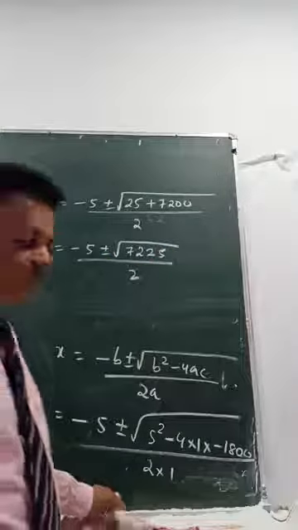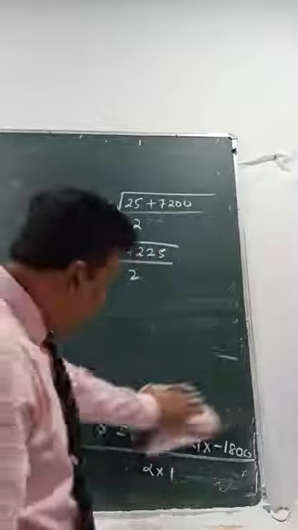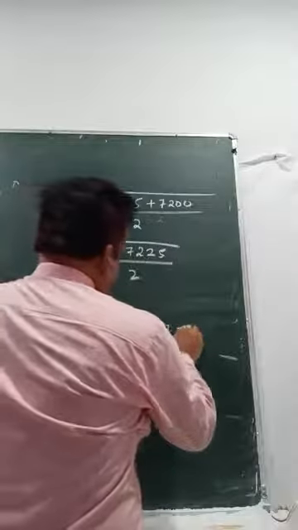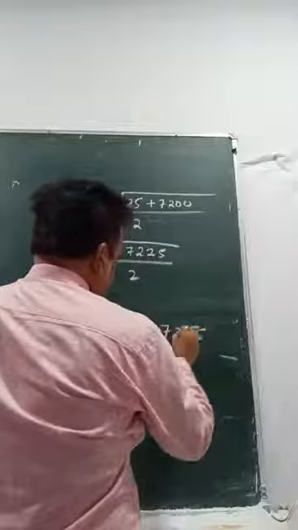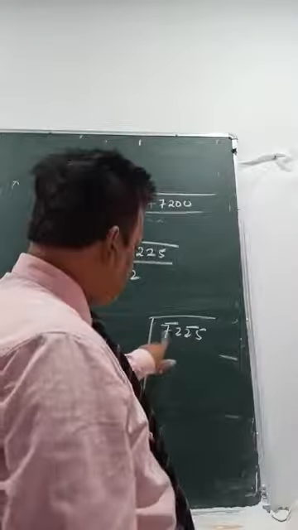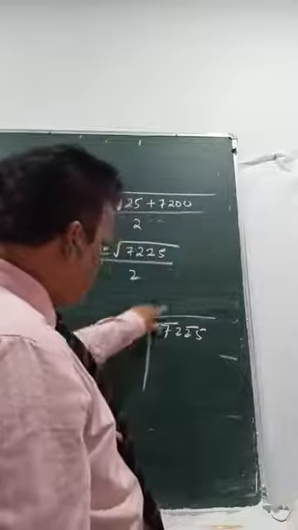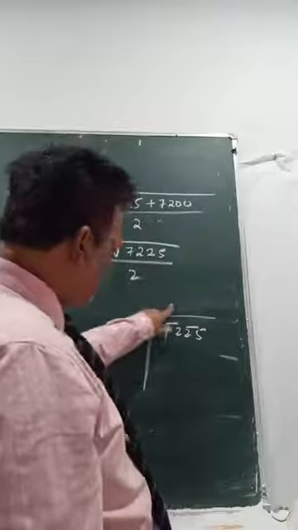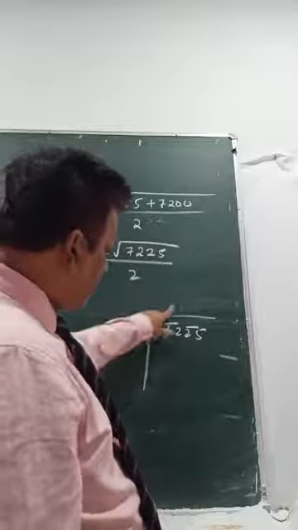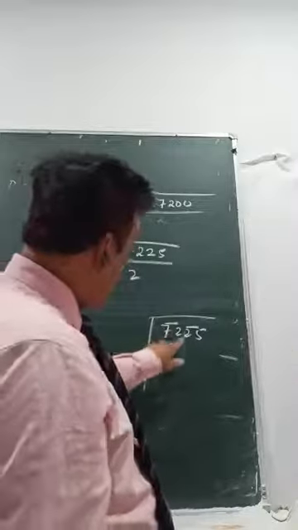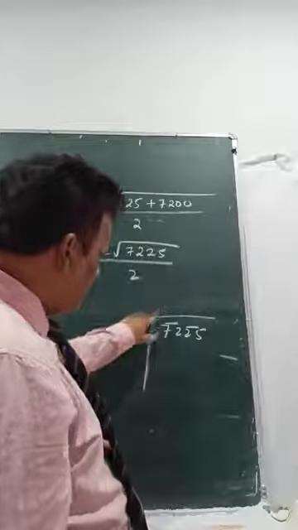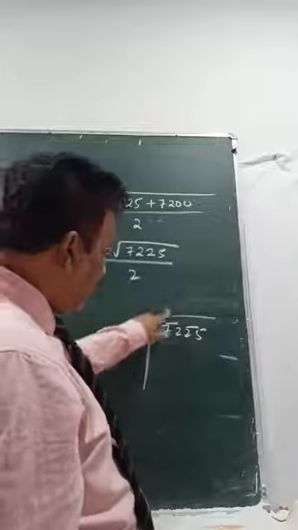Okay, how to find the square root? Look here. 7225. Make it pair. First pair 25, second pair 72. Which number? 2, 2, 4, 3, 3, 9, 4, 4, 16, 5, 5, 25, 6, 6, 36. Go on doing closer to this. 7, 7, 49, 8, 8, 64, 9, 9, 81. More.